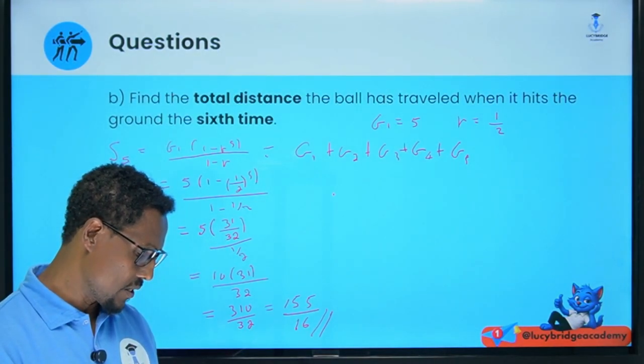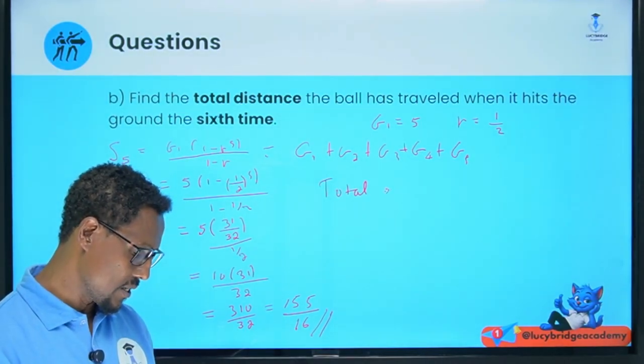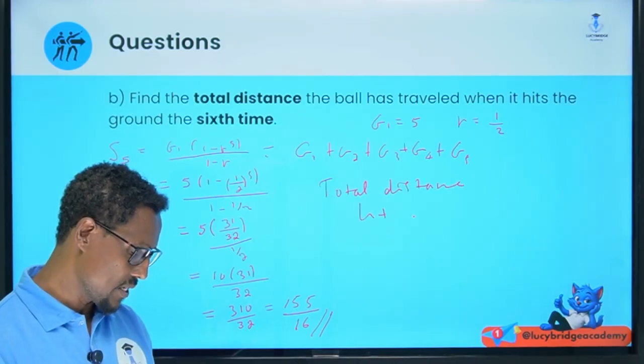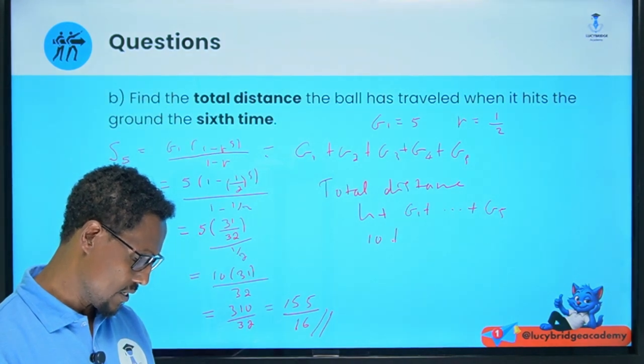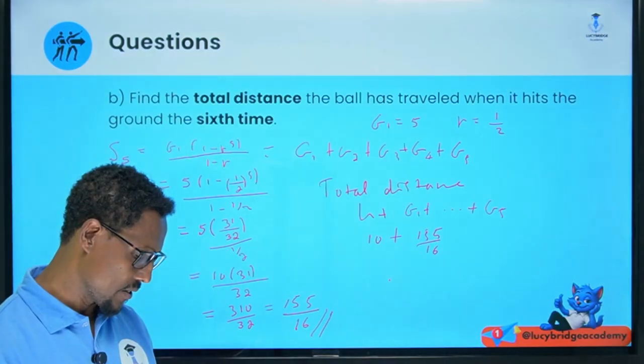Now H plus the total distance, H plus G1 up to G5. H is 10 meters. 10 plus 155 over 16.